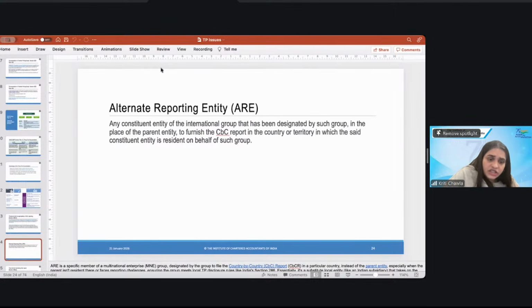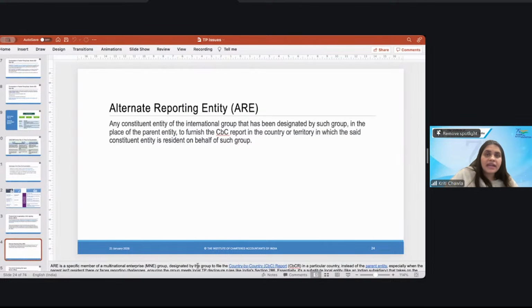So what they can actually do is appoint a specific member in the multinational group, and that specific member will file the CbCR in the particular country in which they are resident, and that will be on behalf of the entire group itself.